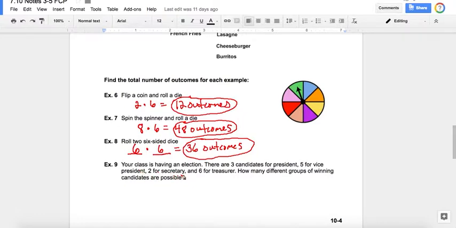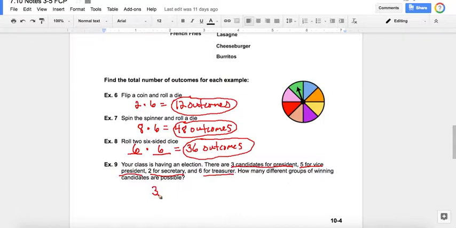Example number 9. Your class is having an election. There are 3 candidates for president, 5 for vice president, 2 for secretary, and 6 for treasurer. How many different groups of winning candidates are possible?